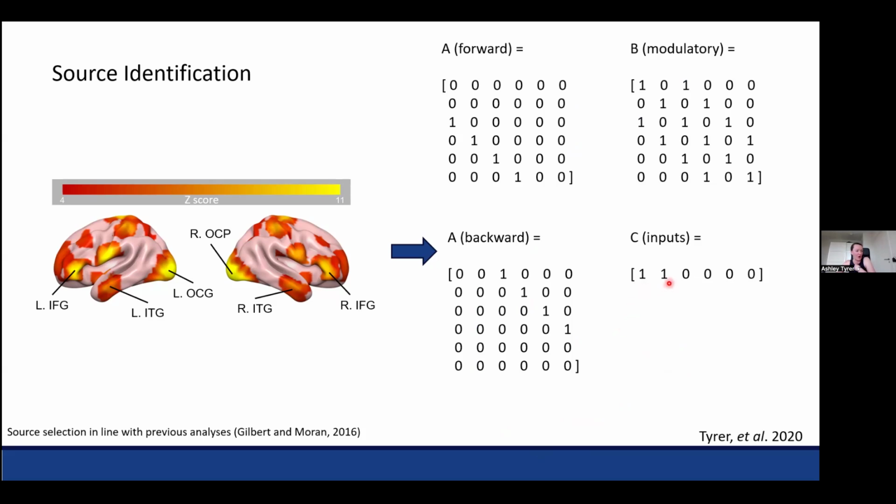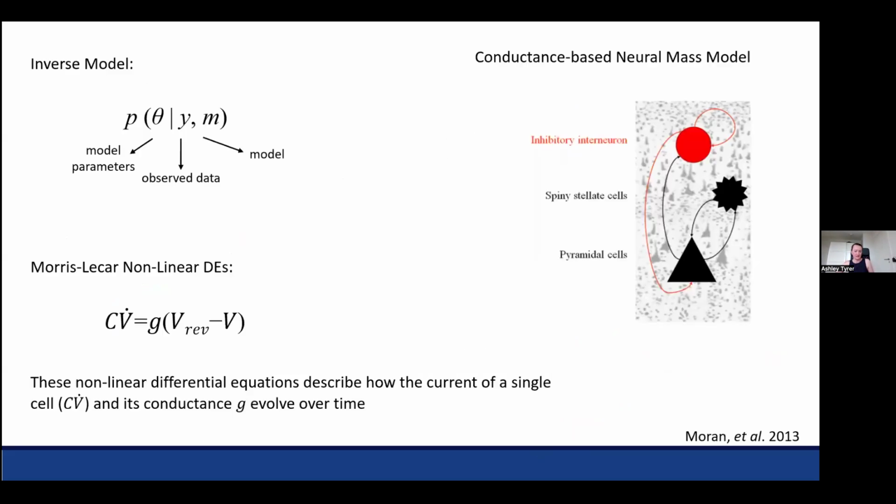So we've added a 1 in position 1 and 2 in that vector to represent those sources. Okay, so once we've defined those aspects of the model, we can then invert our model, like I've mentioned before, to estimate the posterior probability of our set of parameters theta, given the observed data and the model M.